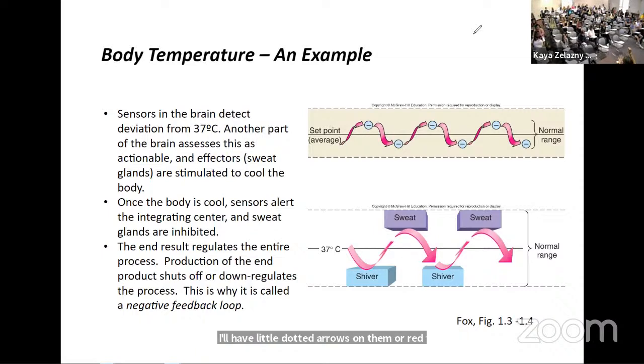That's an indication that they're tracing through some change and that there is a mechanism controlling it. So then you would go through and see all the opposite changes as we return to our set point. I'll walk you through those as we start to see that type of figure, but negative feedback especially comes into play a lot throughout the course.